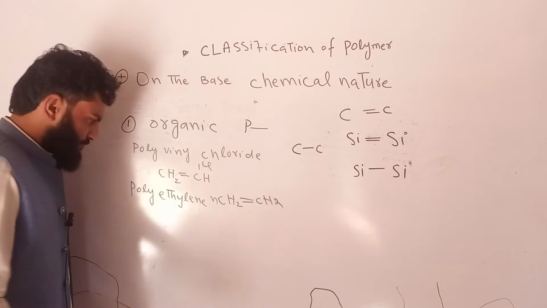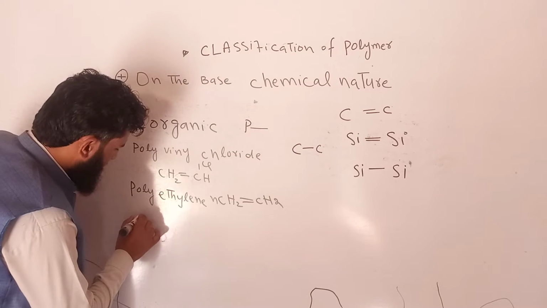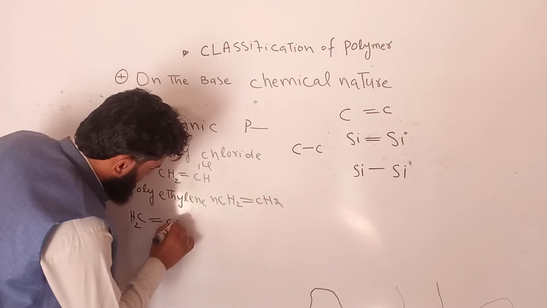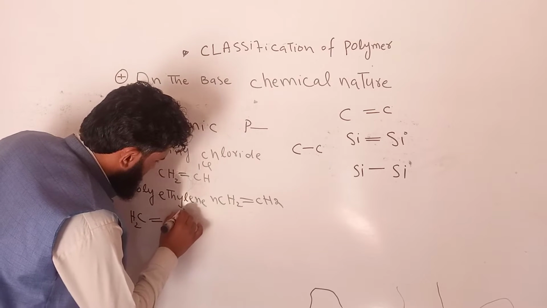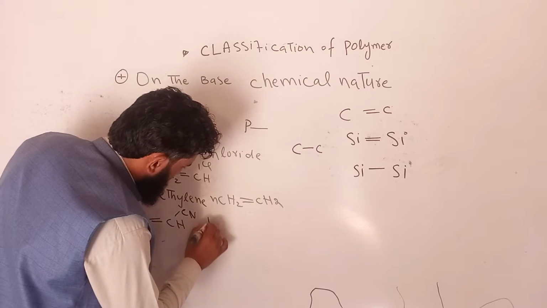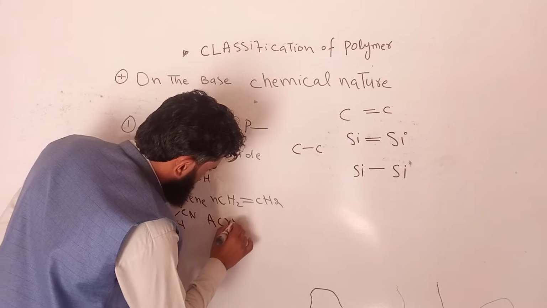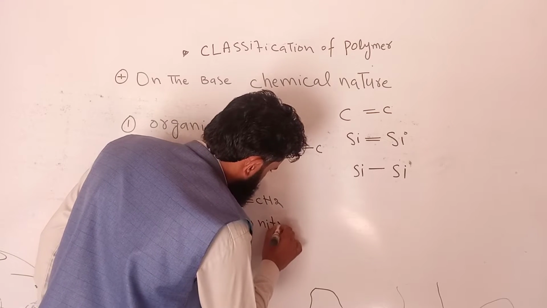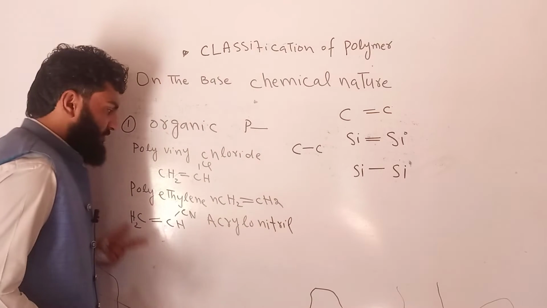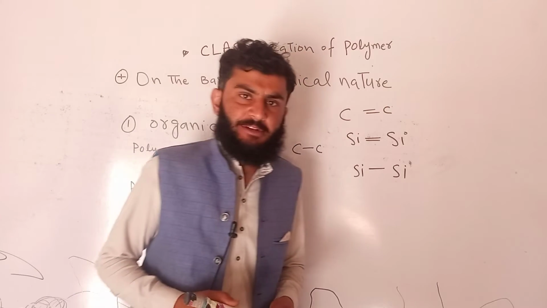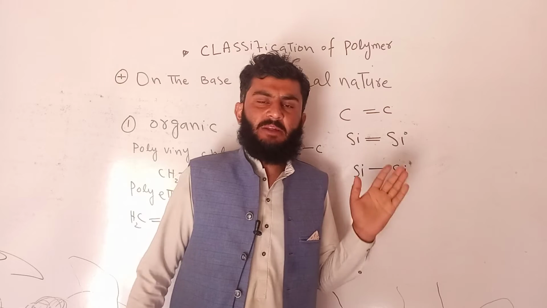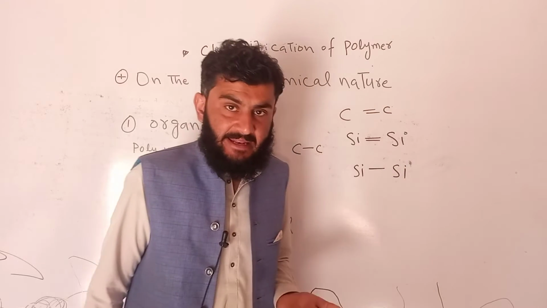And also acrylonitrile. Clear? So if these monomers are repeated in a chain and form a long chain, such polymers will be organic in nature.